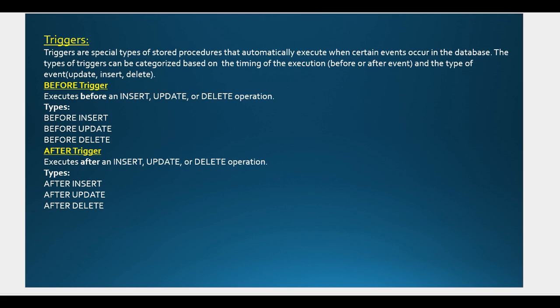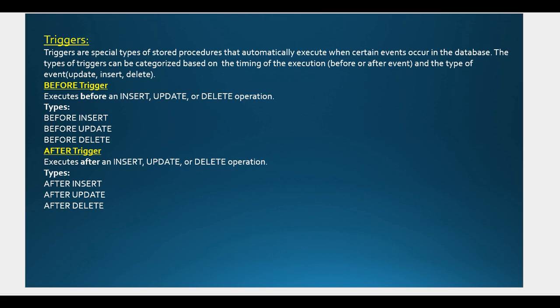The first one is the before insert trigger. A before insert trigger runs automatically before a new record is inserted into a table. It is mainly used to validate, modify, and format the data before saving it. In this trigger, we can access the new values using the NEW.column_name keyword.